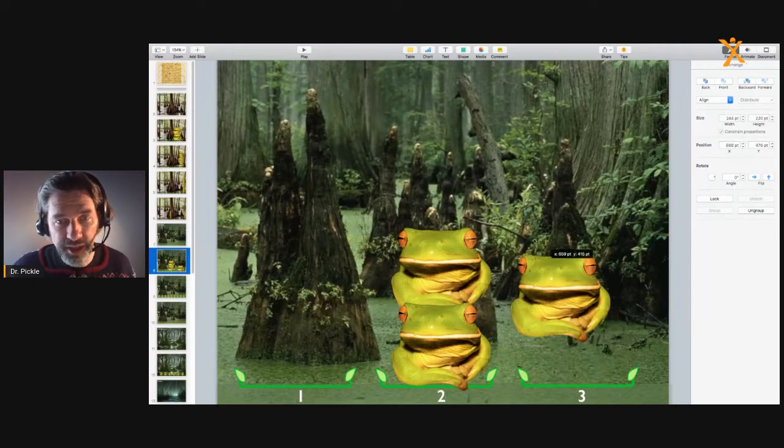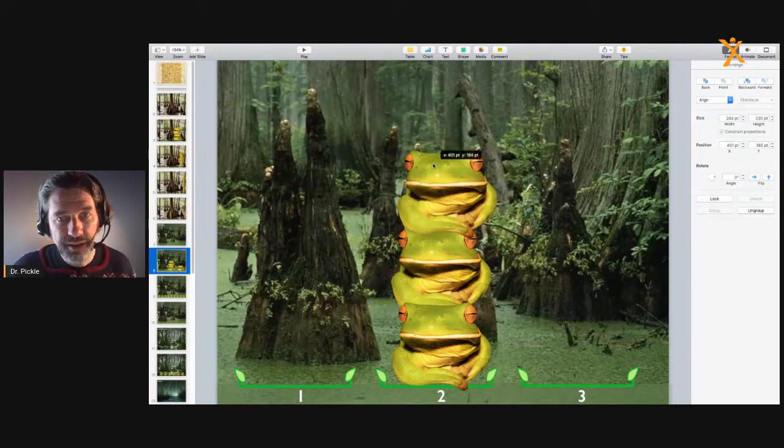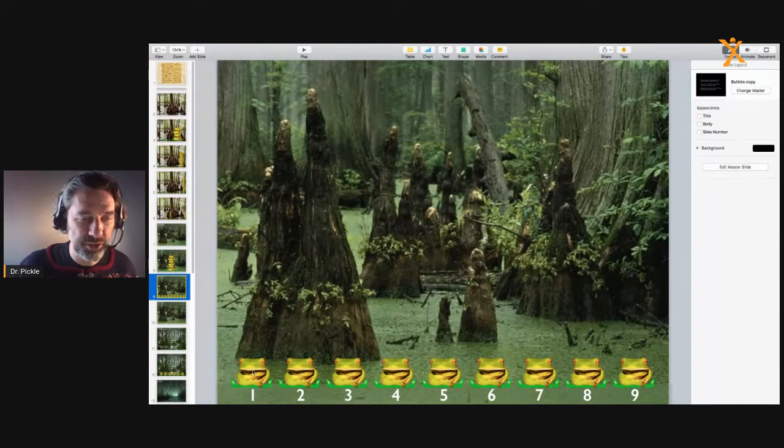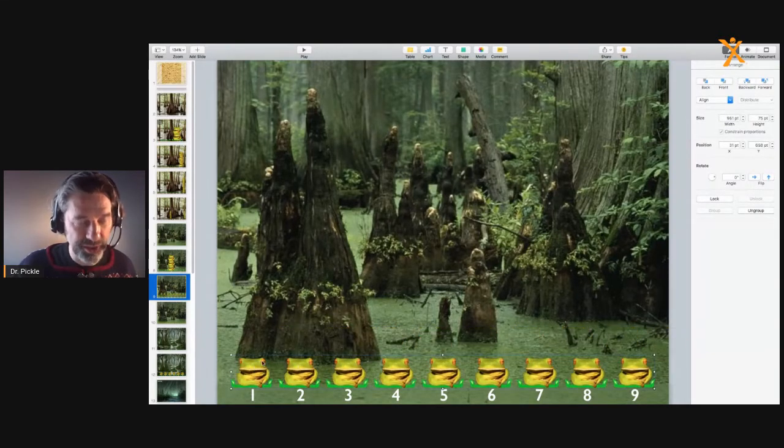And if we solve this for 3, then we can also solve it for 3 times 3. Okay, here we go. Let's do it for 3 times 3. So we're going to treat each one of these groups of 3 frogs the same.